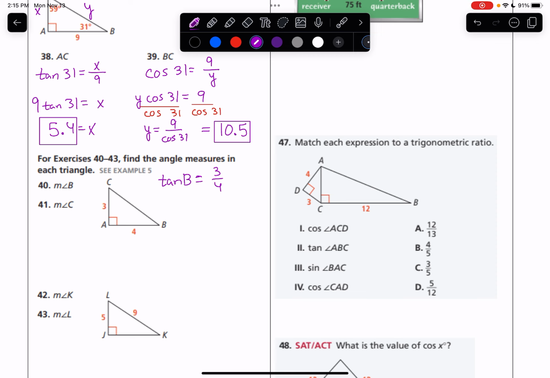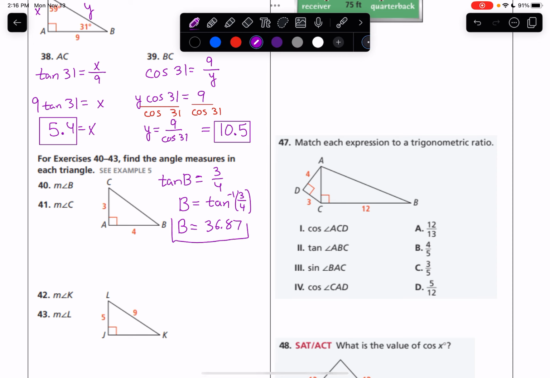And so in order to find B on its own, I need to undo the tangent. So to undo the tangent, I would take the inverse tangent of both sides. The inverse tangent of the tangent of B is just B. The inverse tangent of 3 over 4 is something that I need to use my calculator for. But my calculator is really good at it, so I just plug that into my calculator, and then I find that 36.87 equals angle B.